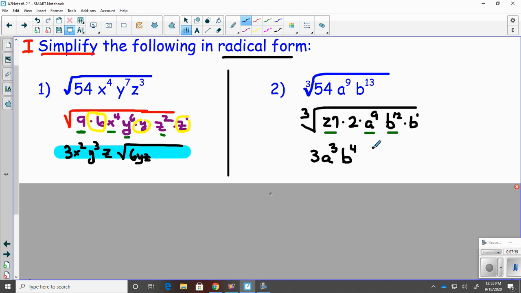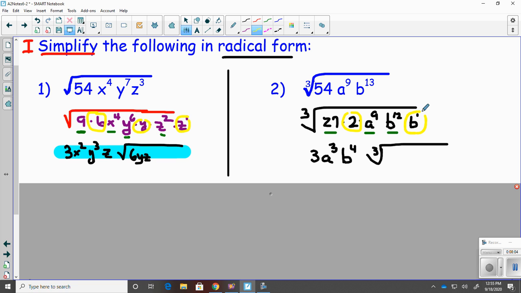And then please remember to use your little index number on the inside of that radical symbol. That is a common mistake. Sometimes students forget to write that down. And if you do, then technically it is wrong, because then you're giving me a square root answer. So make sure you don't forget that little number. And then everything I did not underline, I'm just telling the reader this cannot be simplified.